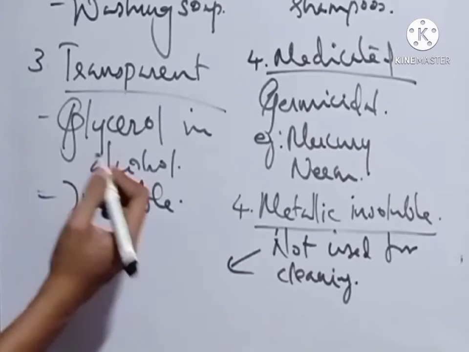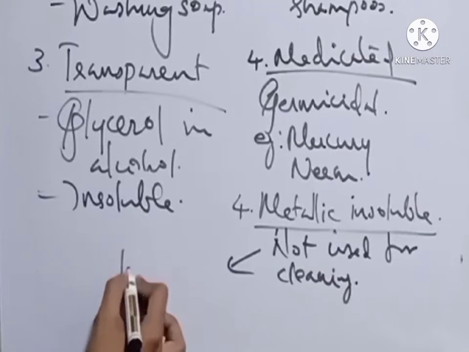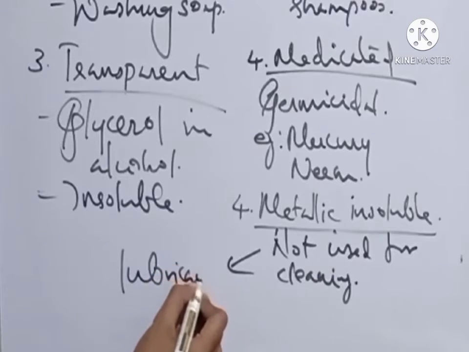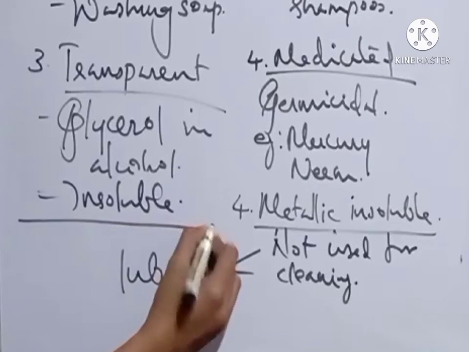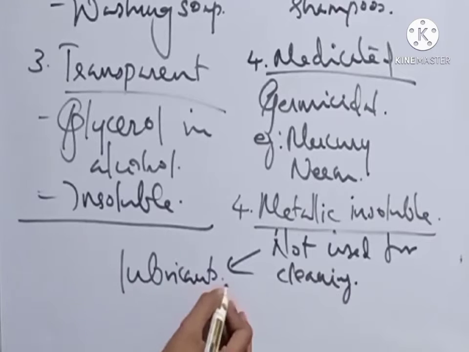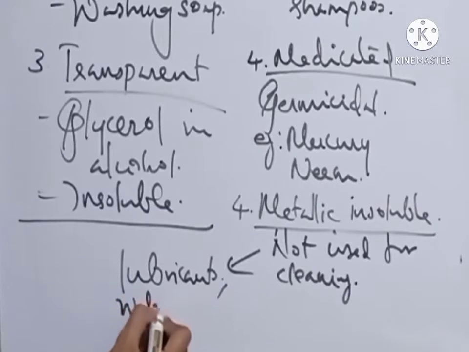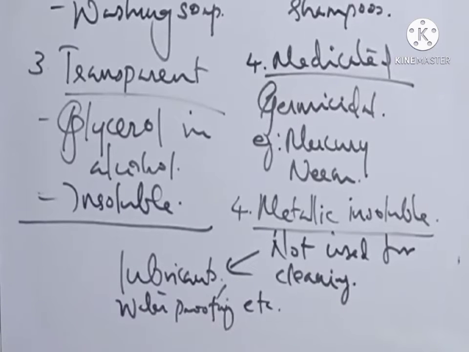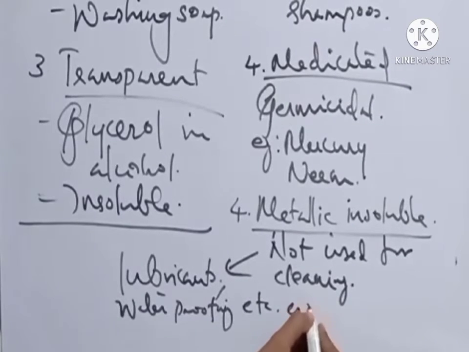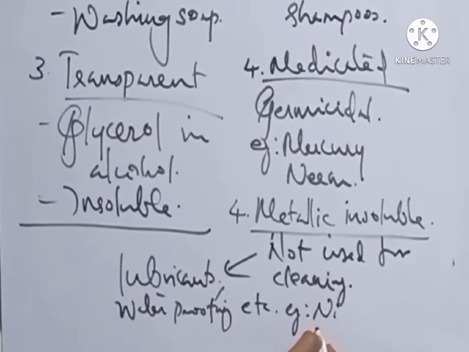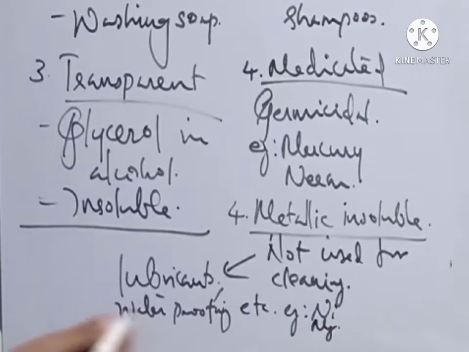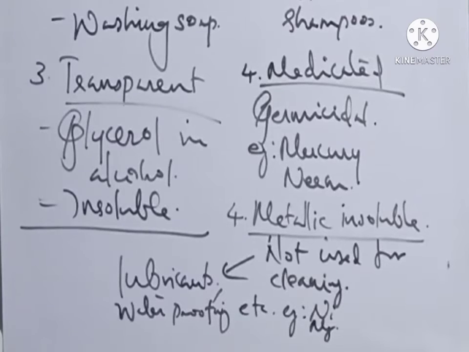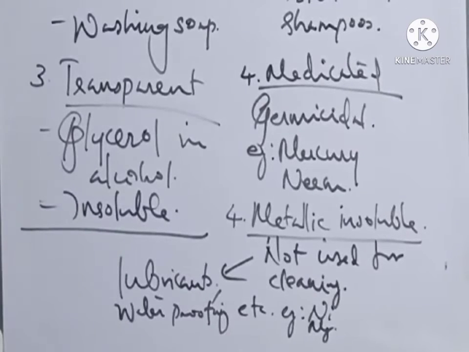These are usually used as lubricants or waterproofing agents, etc. Examples are nickel soap, magnesium soap, calcium soap, etc. These are coming under metallic insoluble soap category.